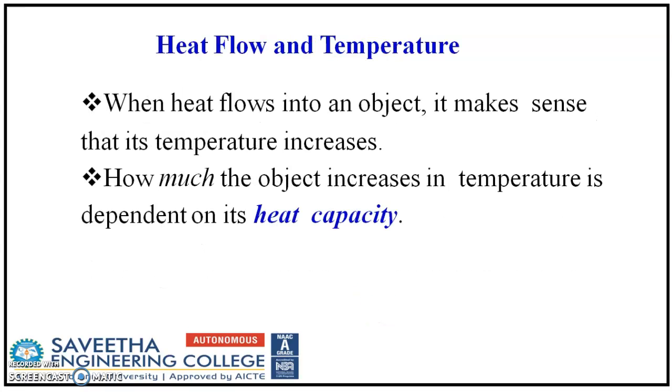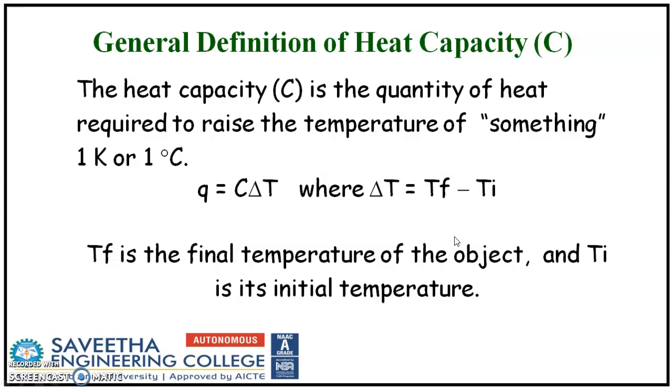The heat flow and temperature. When heat flows into an object, it makes sense that its temperature increases. How much the object increases in temperature depends on its heat capacity. So coming to the definition of heat capacity, it is the quantity of heat required to raise the temperature of something by 1 Kelvin or 1 degree Celsius.